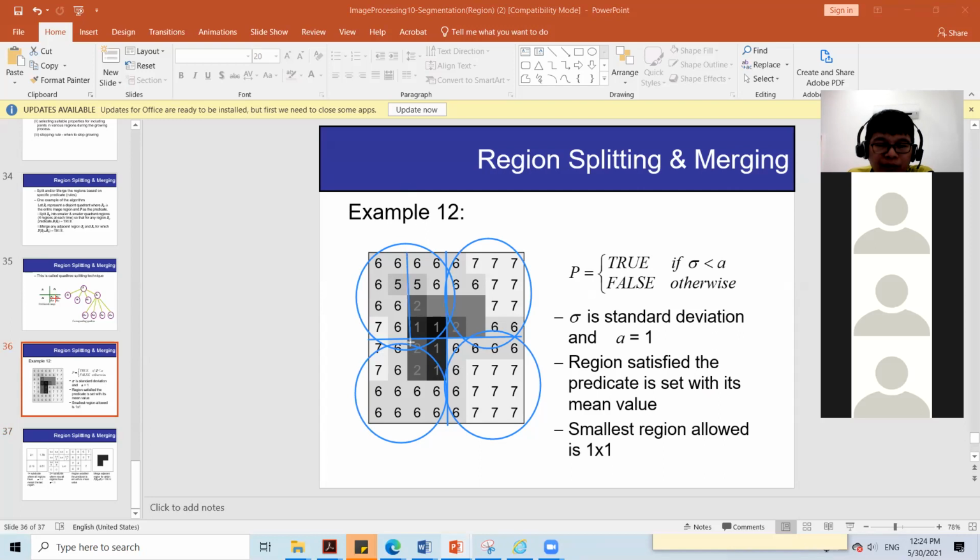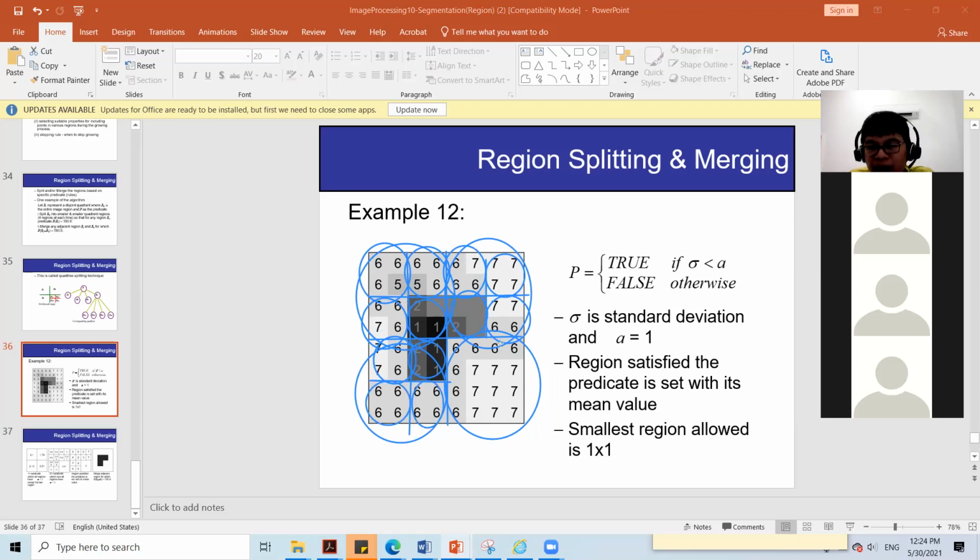These 3 sub-parts you need to subdivide, right? After subdividing, you compute the standard deviation for each. All of these become smaller subdivided pieces.